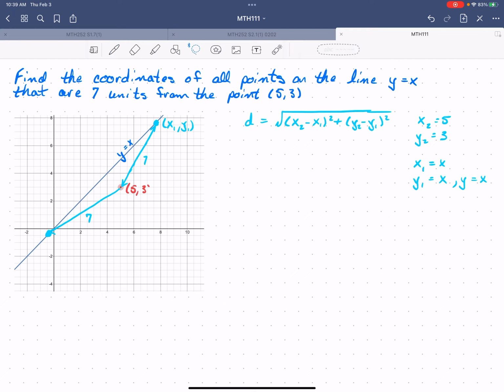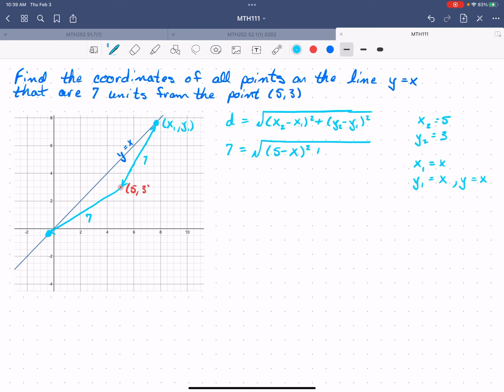Okay, so let's take this step by step through my distance formula. So my distance is 7, and that's going to be equal to the square root of (5 minus, we're just going to call it x) squared, plus (3 minus y) squared, but y is equal to x.